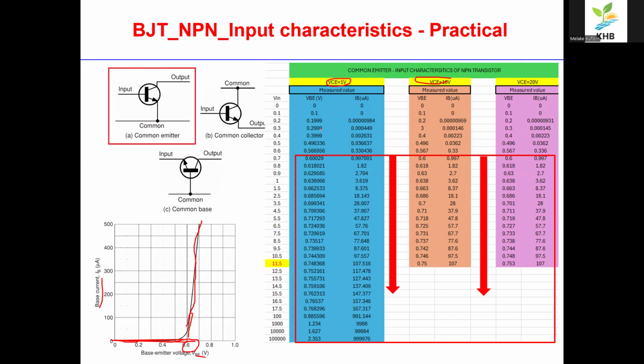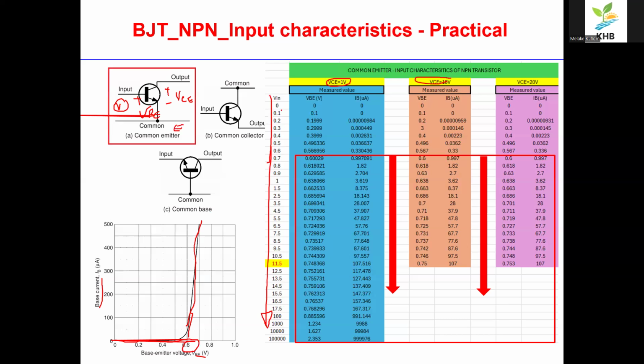When we have input voltage here and we increase it from 0 to whatever, the plus minus in here is VBE, and the plus minus in here is VCE. This is VBE, because this is the emitter.